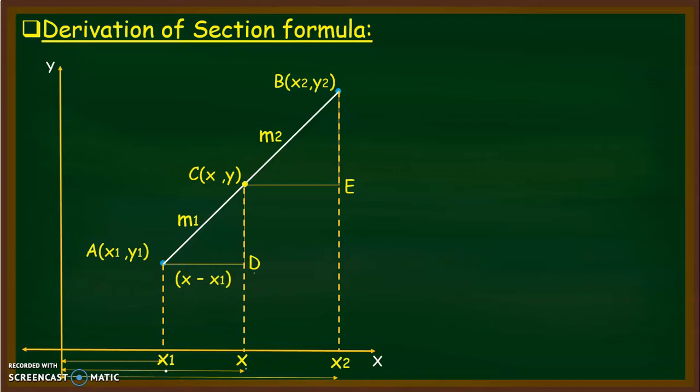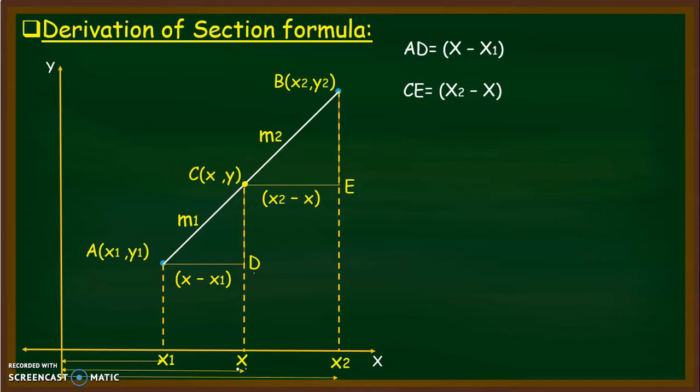In the same way, for the distance CE, point E is at the distance of x2 and point C is at the distance of x. So here we can write AD is equal to x minus x1 and CE is equal to x2 minus x.